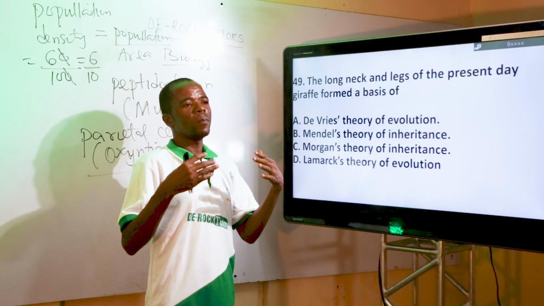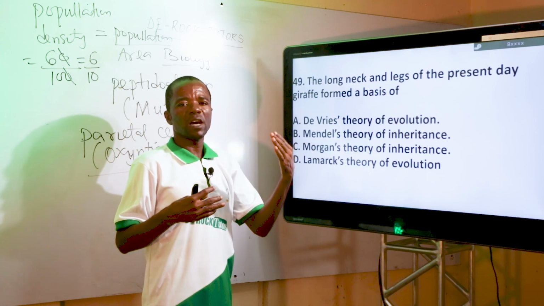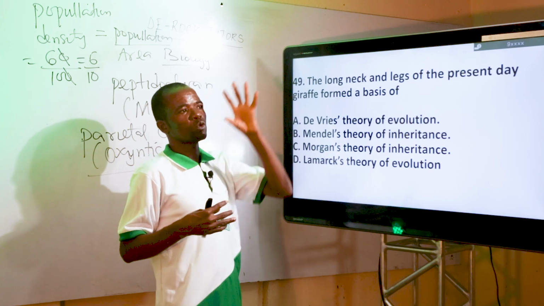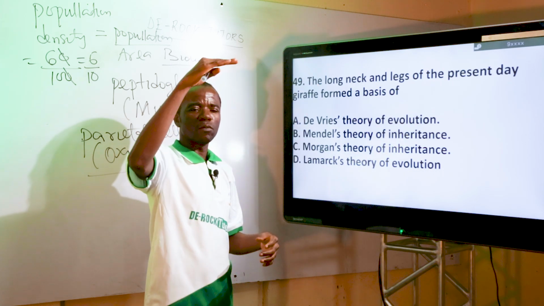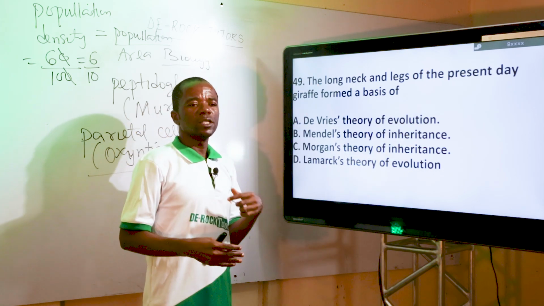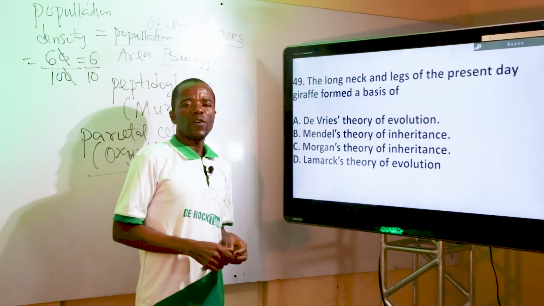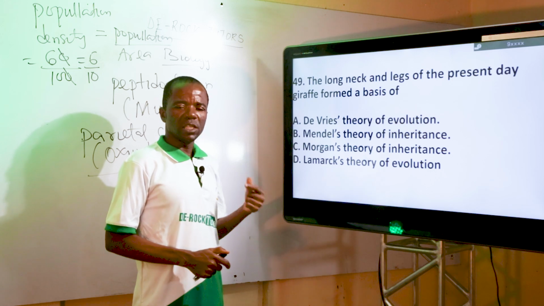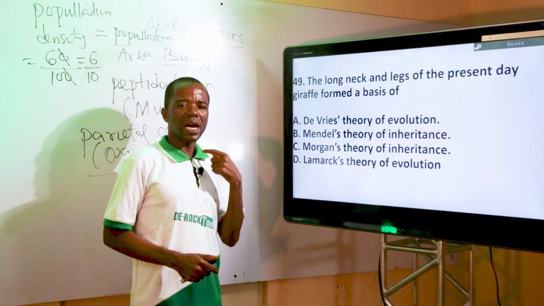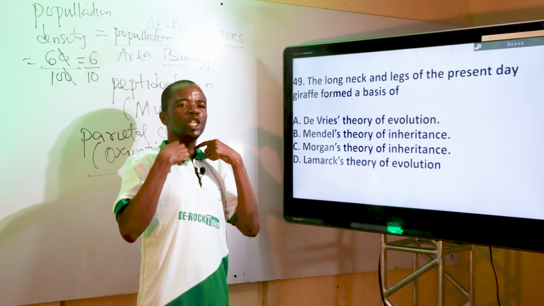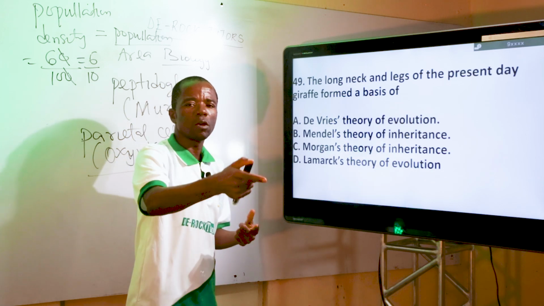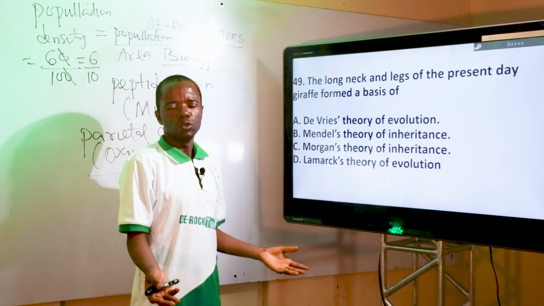He was the one who spoke about the reason why giraffes have a long neck, because they have to stretch their necks to browse on top of trees. And that was true. But the only fallacy in Jean Lamarck's theory is when he asserted that acquired characteristics, that is, the long neck of the giraffe, can be passed on to their offspring. That has been found out to be wrong.